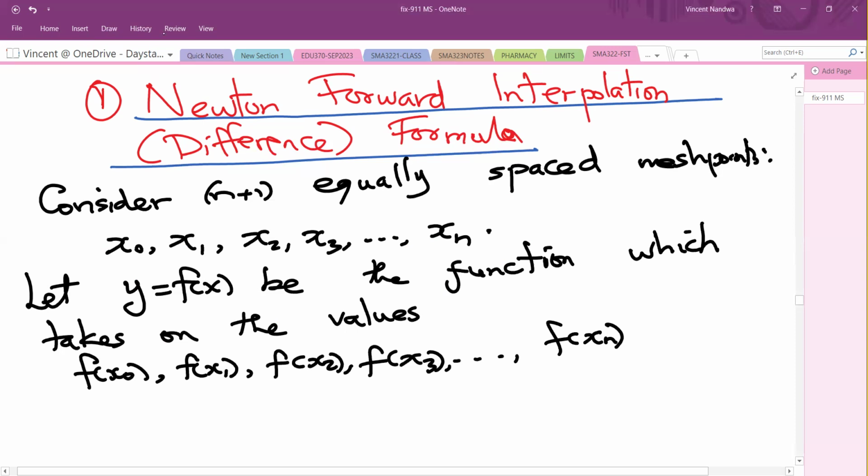And remember from our previous discussion, we said f of x naught can be written as f naught, f of x1 can be written as f1, f of x2 can be written as f2, f of x3 can be written as f3, all the way up to fn.